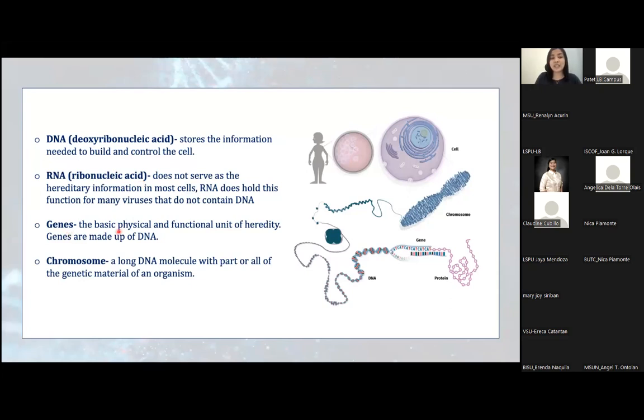Okay? And dito, merong sumagot na genes. Okay, so genes, it is the basic physical and functional unit of heredity. Basically, genes are made up of DNA. Now remember that your DNA can be seen in the nucleus of the cell, and in the nucleus you can see the chromosomes, and when you unwind the chromosome, ito na siya yung DNA.